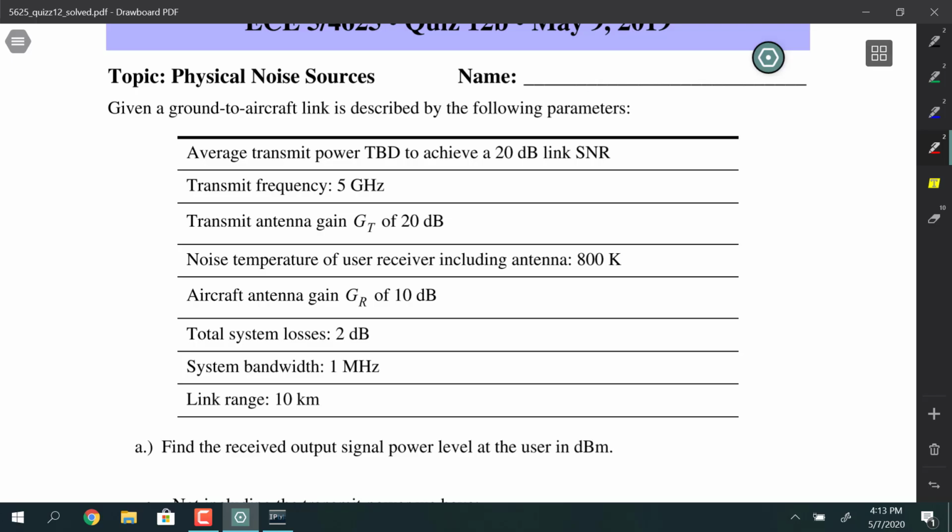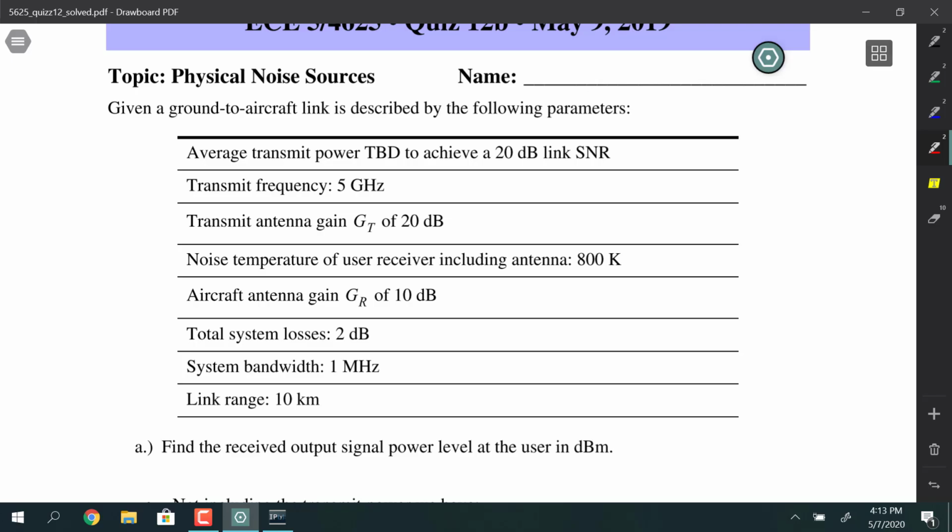I'm going to give you a bunch of information about the transmitter and the receiver, but I want to find out how much power I need to send out from my transmitter in order to ensure that I have 20 dB of SNR at the receiver. So you need things like the frequency, the gain of the transmit antenna and the receive antenna, noise temperature, including the antenna.